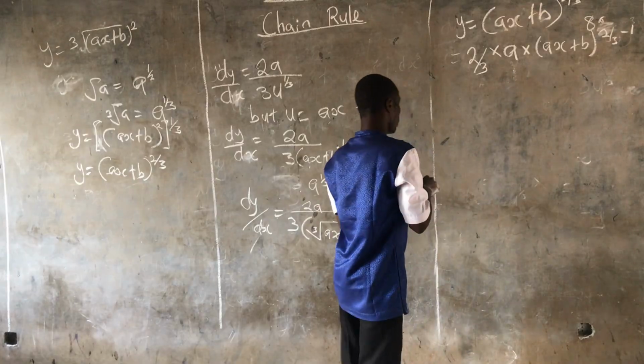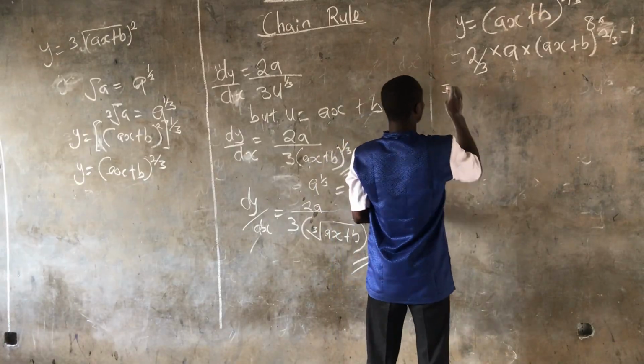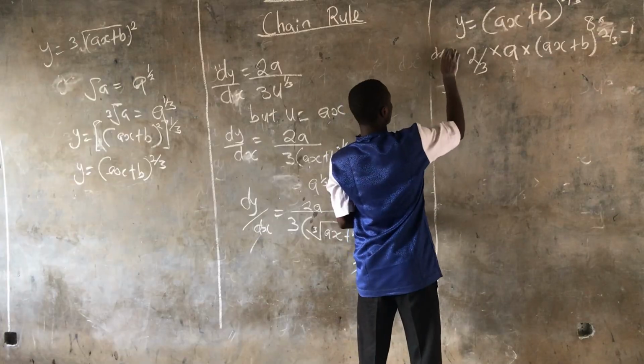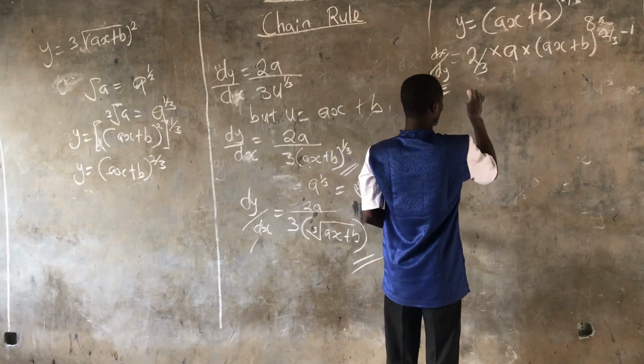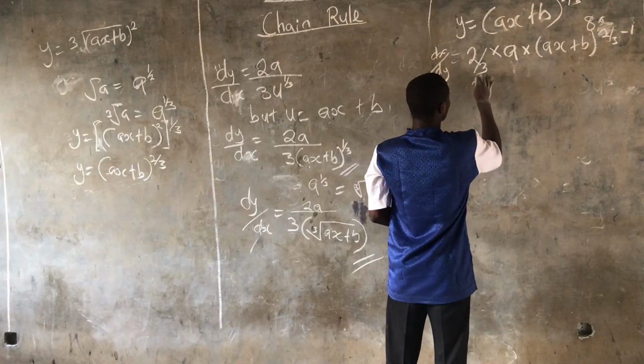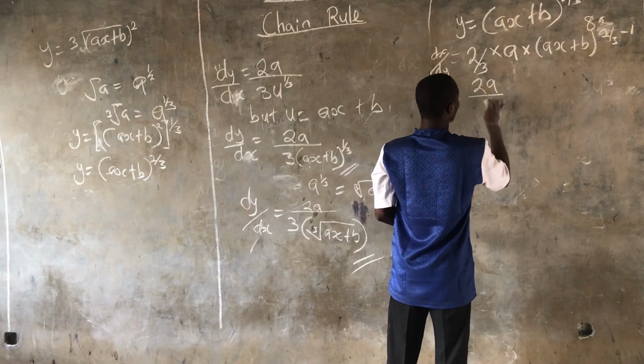So this now becomes dy over dx equal to 2a over 3, bracket ax plus b, bracket raised to the power 2 over 3 minus 1.